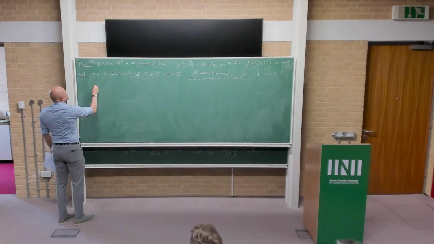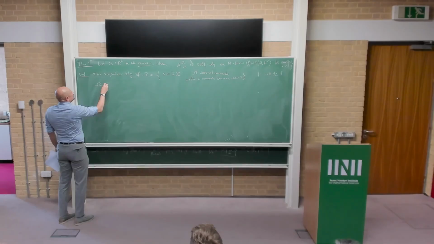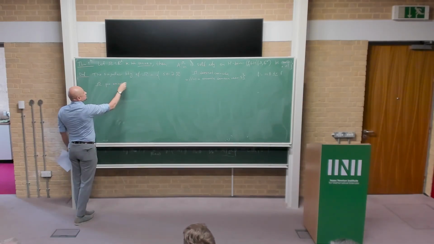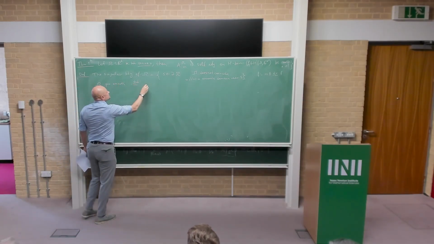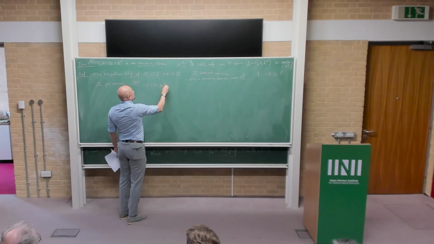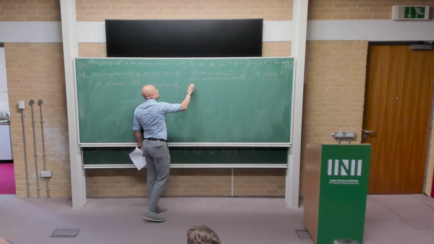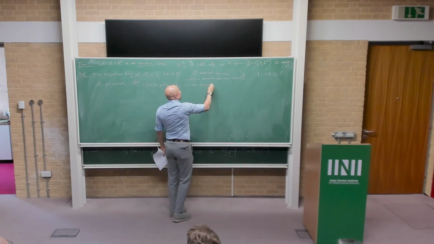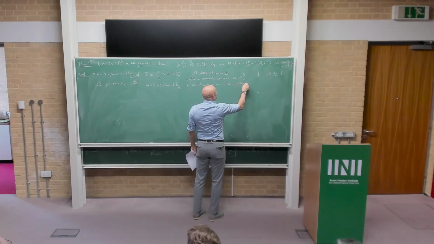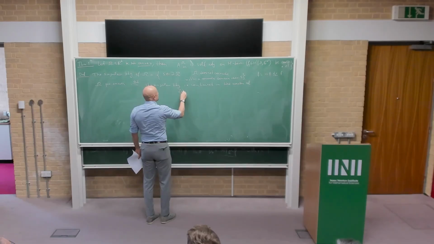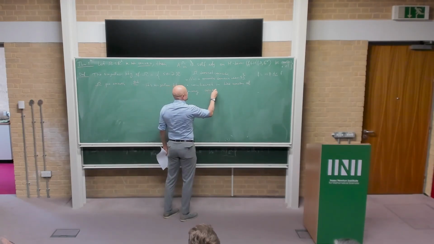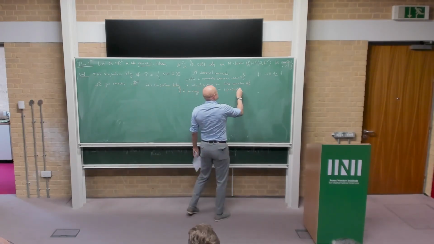I say by definition that omega is piecewise smooth, which means that the singular boundary is contained in the union of finitely many compact n-2 dimensional submanifolds.